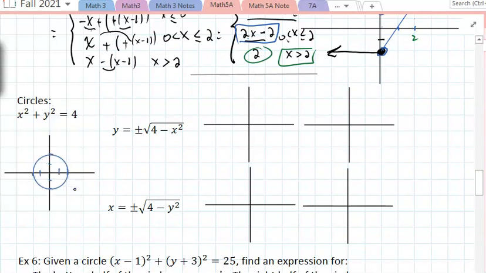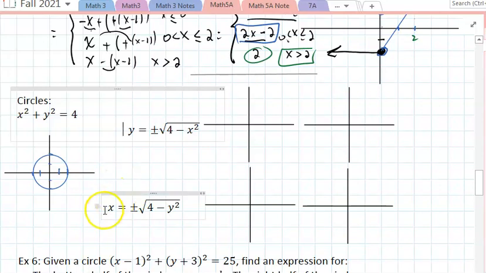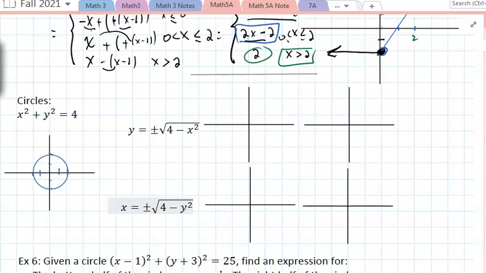But what if you decided that you wanted to solve this equation? What if you wanted, say, to solve this for y? Move the x over, then you will get y squared equal 4 minus x squared. And when you square root both sides, you will get y equal plus or minus the radical.